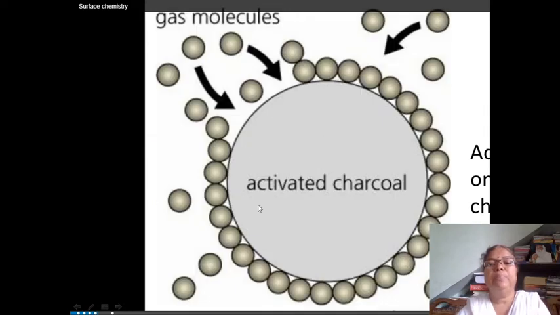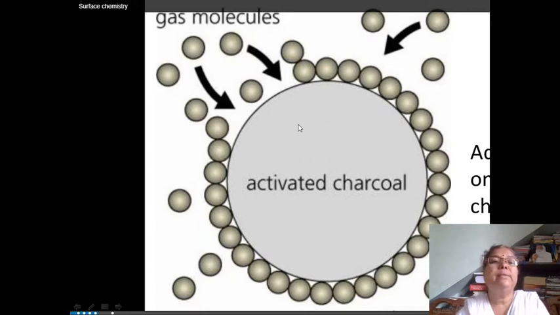This picture clearly shows the process of adsorption. This is our activated charcoal, and these are the gas molecules. These gas molecules are gathered, accumulated, aggregated on the surface of the activated charcoal. They cannot penetrate into the charcoal.